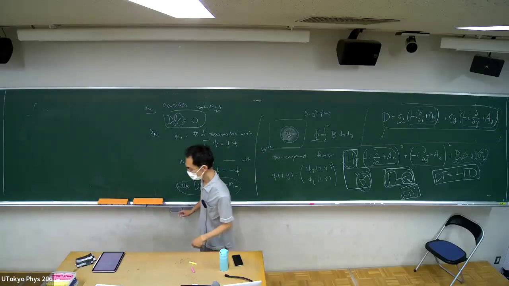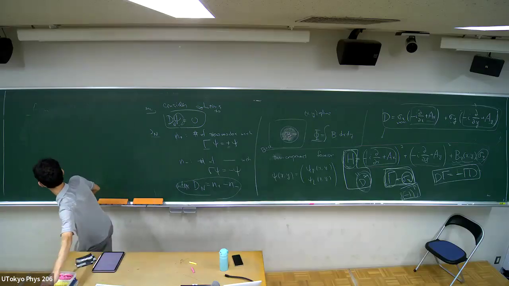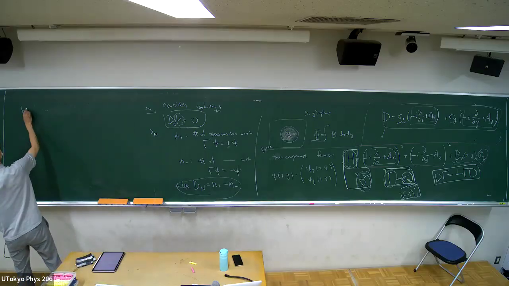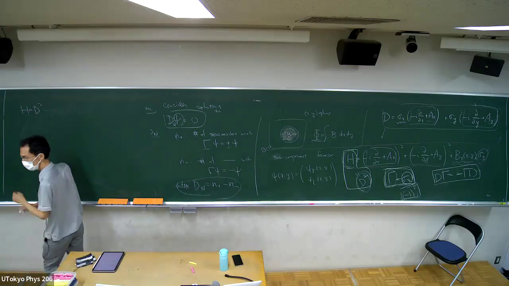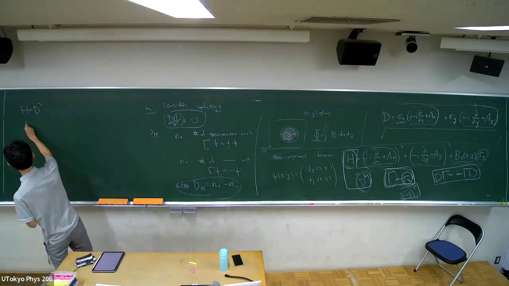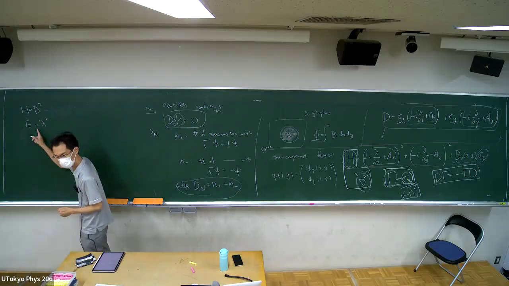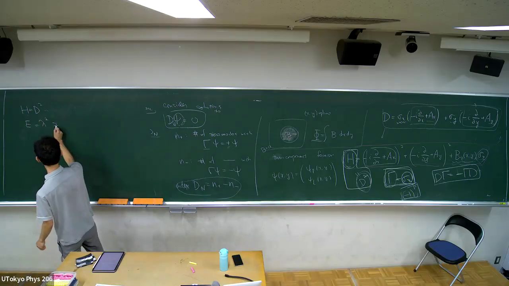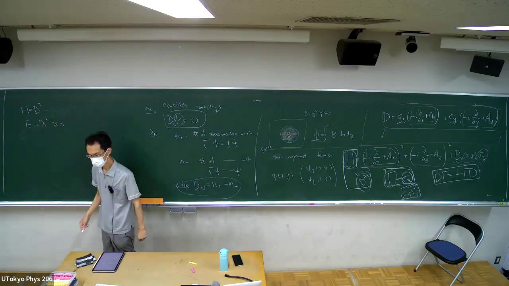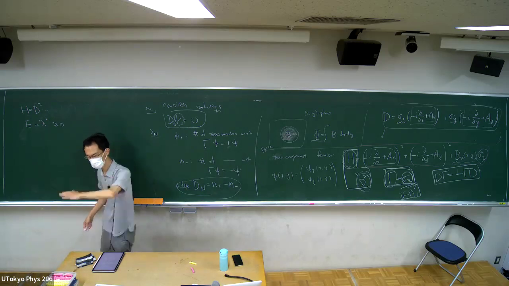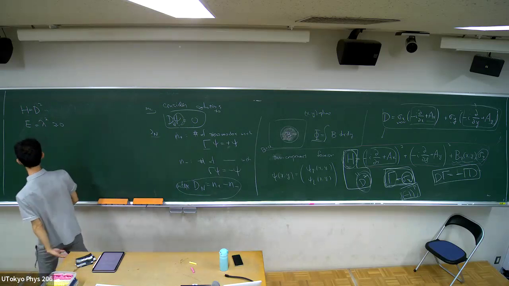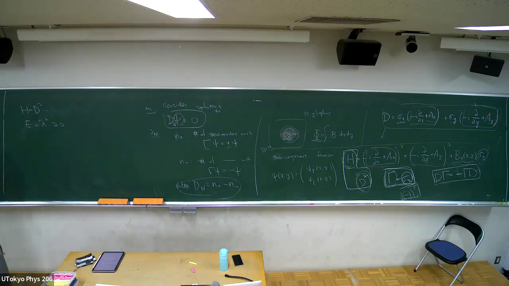So you see, because H is D squared, any eigenvalue of H is the square of an eigenvalue of D. Therefore, this is non-negative. So it's clear that the energy is bounded from below. So that's one good thing about a supersymmetric quantum mechanical system.